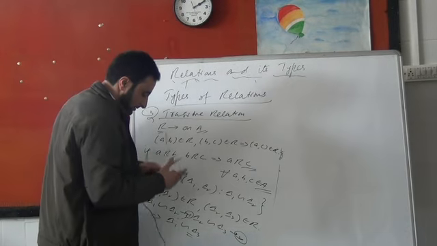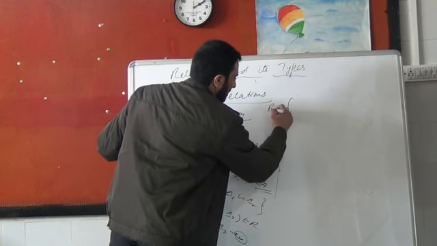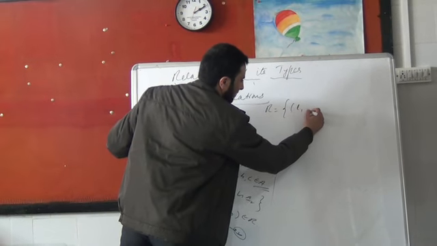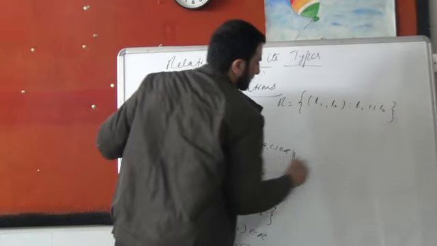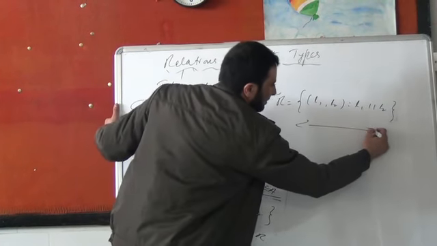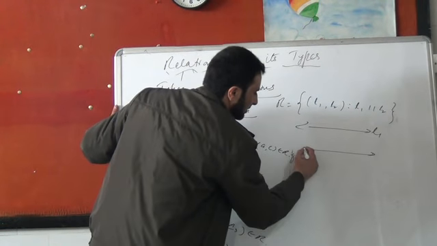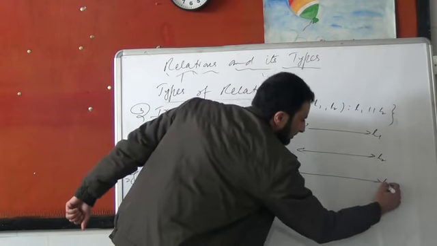We will consider the relation R equal to (L1, L2) such that line 1 is parallel to line 2. In this case, you have three lines: L1, L2 and L3.